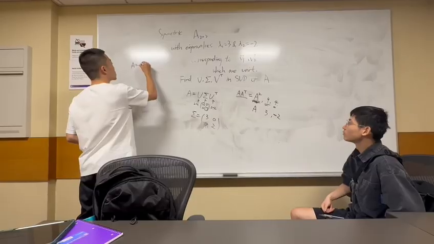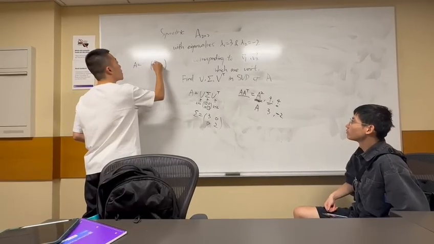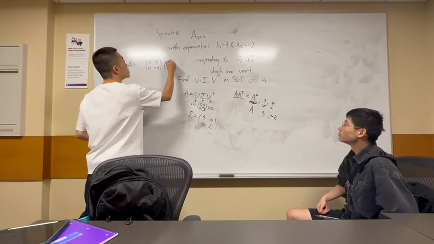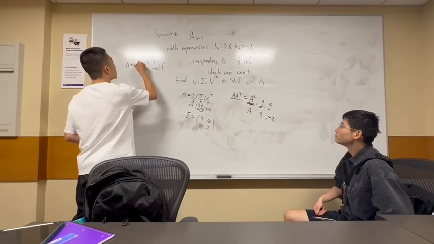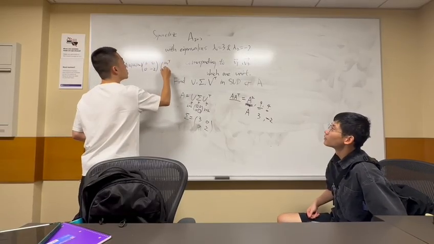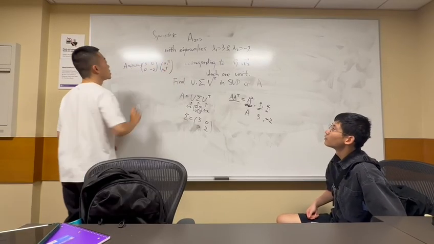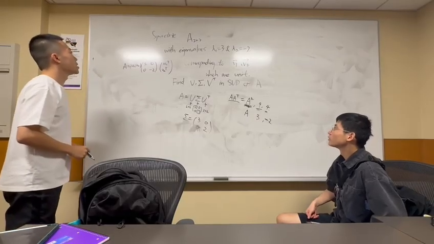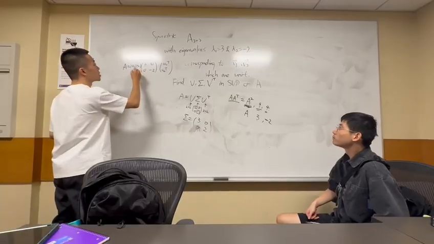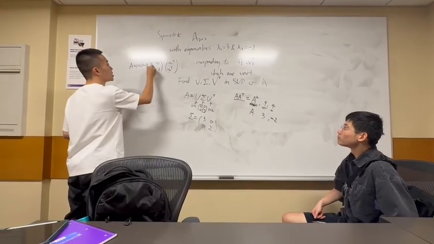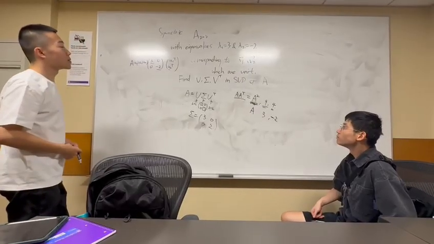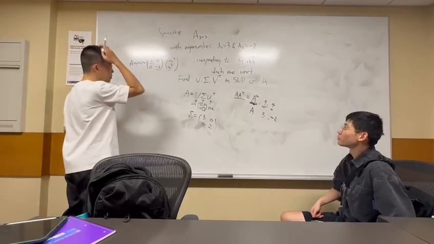So A equals U1, U2 times the diagonal matrix times U1 transpose, U2 transpose, and that is the diagonalization of A, because 3 and -2 are the eigenvalues.